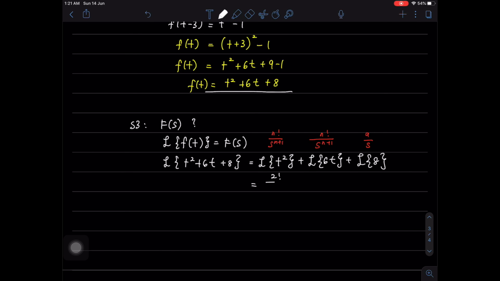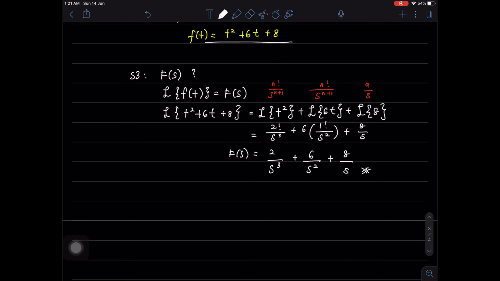Therefore what we have as F(s) is 2 factorial over s³ plus 6 times 1 factorial over s² plus 8 over s. So you will have 2 over s³ plus 6 over s² plus 8 over s. This is our F(s).